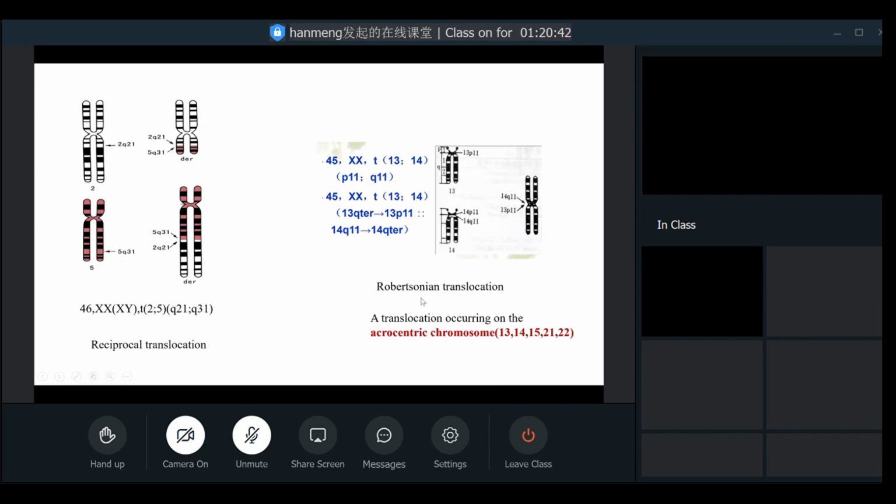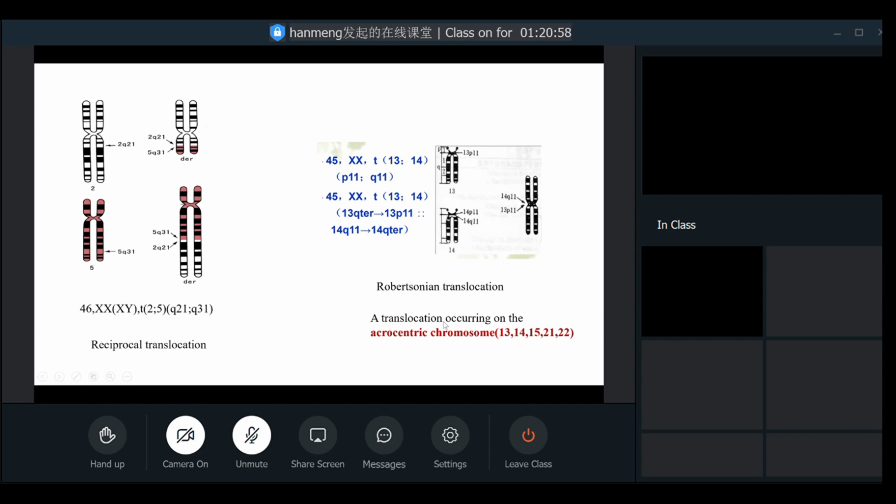And besides the reciprocal translocation, there is also the Robertsonian translocation.